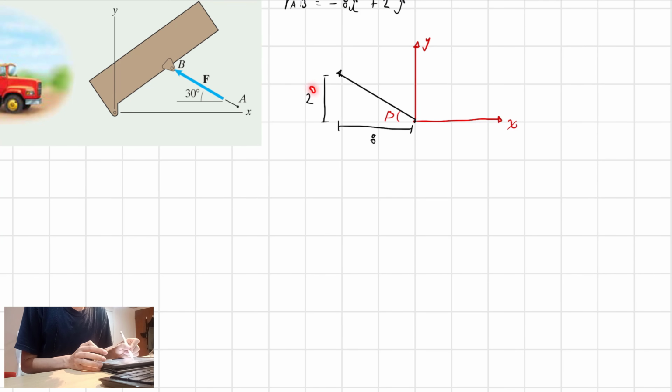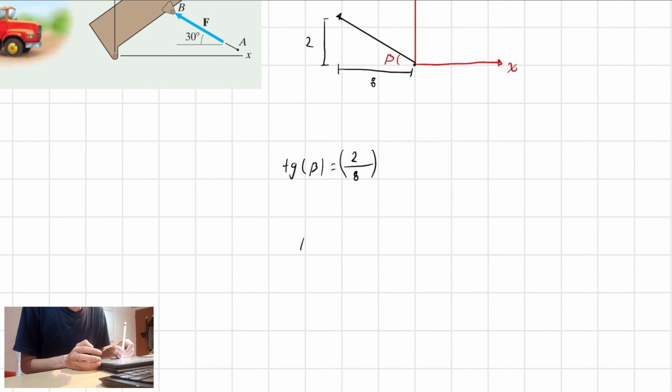Because we have the two catheti of the triangle, I'm going to use tangent, the trigonometric identity, for me to determine the angle. It is basically easier. So the tangent of the angle beta is equal to the opposite cathetus 2 divided by the adjacent cathetus, which is 8.